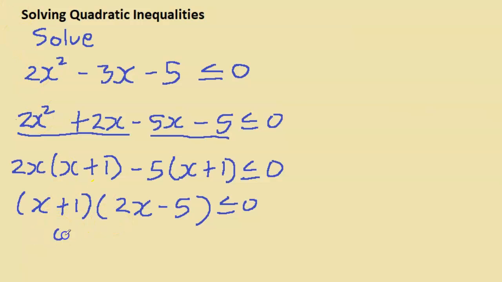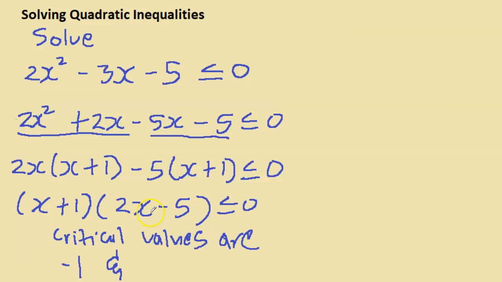So the critical values are, if you equate this to 0, you get x equal negative 1, right? And if you equate 2x minus 5 equal to 0, then 2x equal to 5. So x equal to 5 over 2, or 2.5. In other words, if you plug any one of these values into the quadratic, it will make it 0.